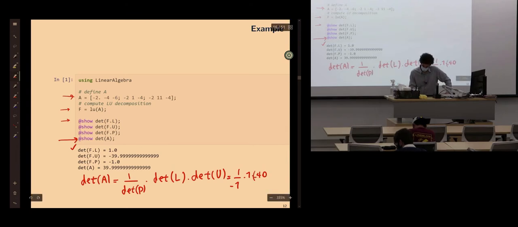Sorry, it's minus 40, okay? So this should give us 40, right? Yeah. So it's the sign of P that is canceling that negative sign in U.